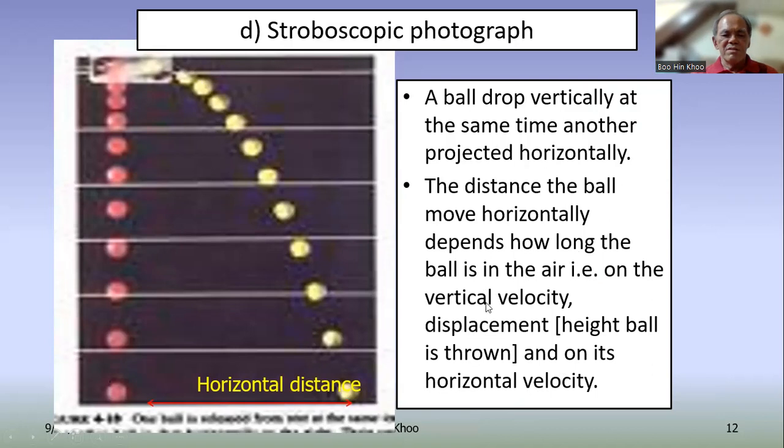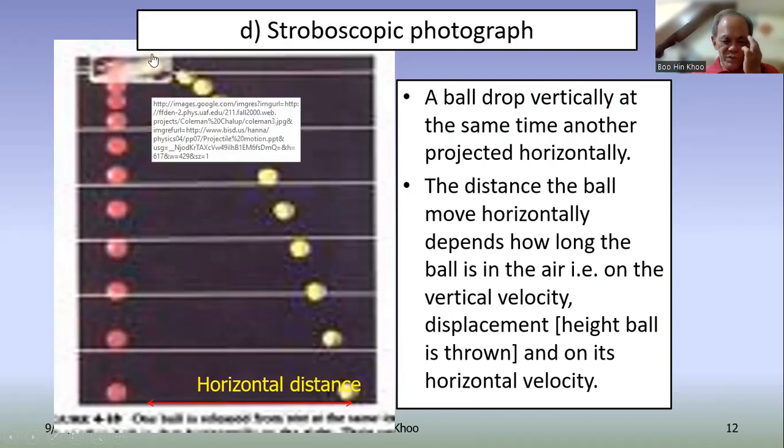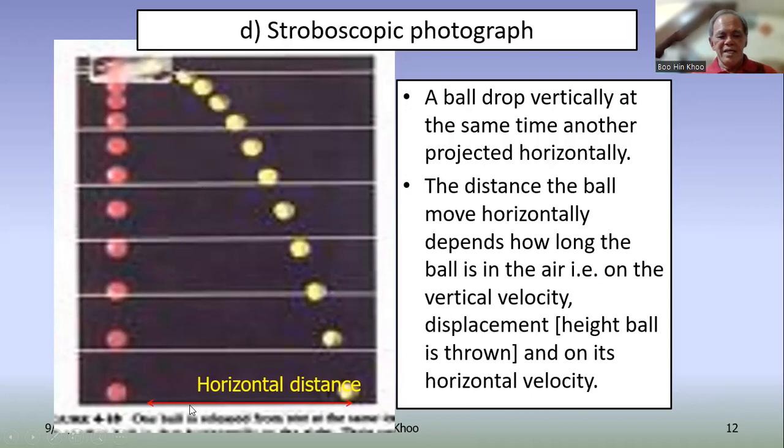If that is the height, that's how long it will be in the air. That depends on the vertical displacement, whether you throw it from this high or that high, and on its horizontal velocity. The distance moved will depend on the height and on the velocity at which it is thrown horizontally. And of course, if you throw it vertically or at an angle, the horizontal distance will be completely different.